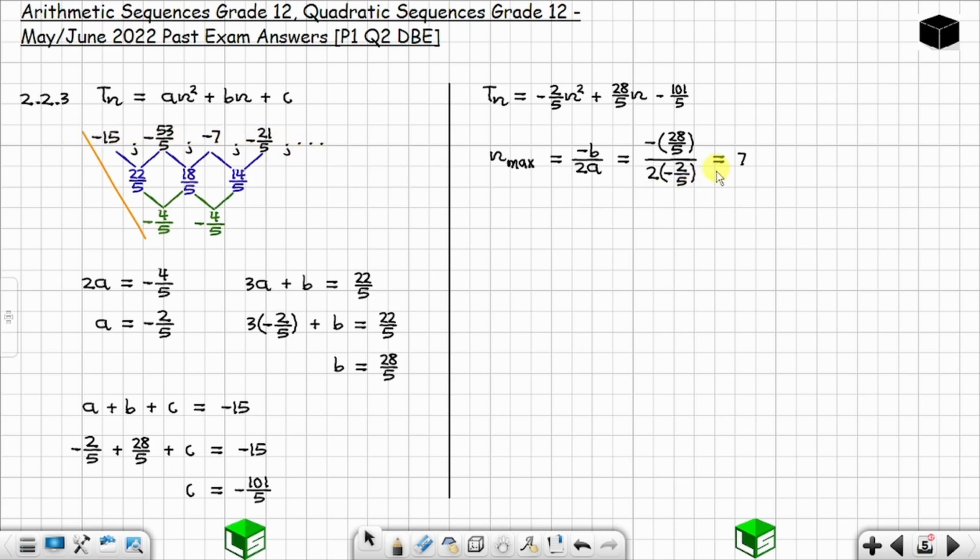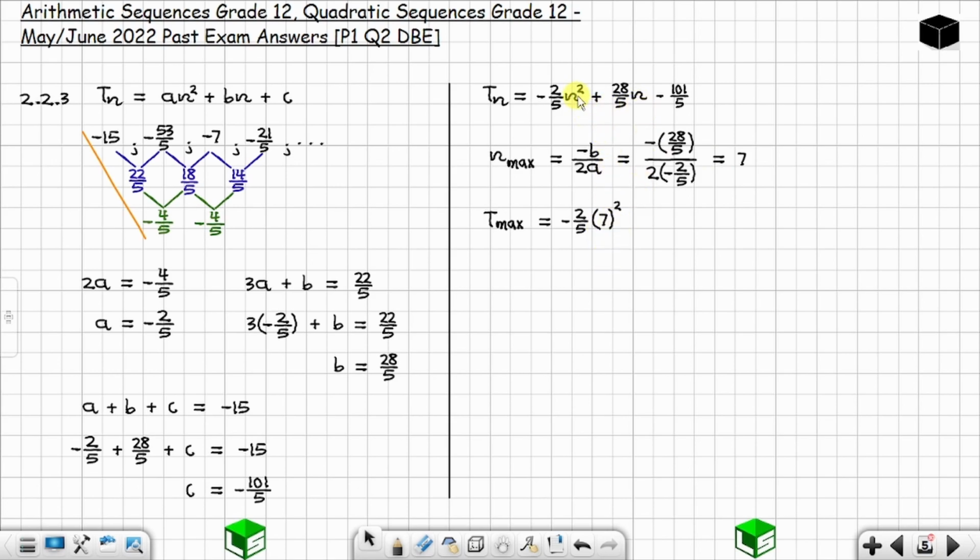After finding n, you take that value and plug it inside there. So T maximum is equal to negative 2 over 5 times n squared, plus 28 over 5 times n, minus 101 over 5. Your n is 7, so you plug 7 wherever you have n.